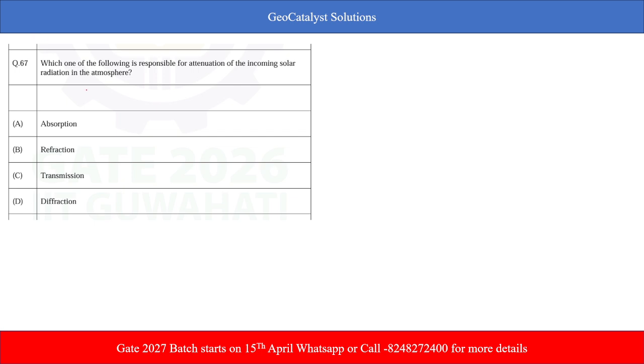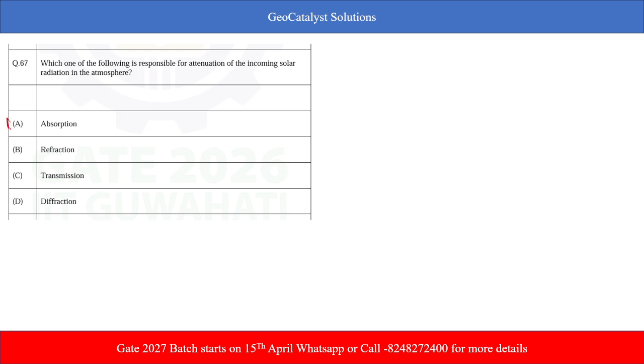Now coming to question 67: which one of the following is responsible for attenuation of incoming solar radiation in the atmosphere? For this also, absorption removes energy directly from the beam, and that is why attenuation happens.